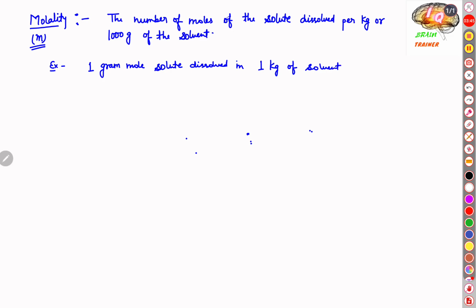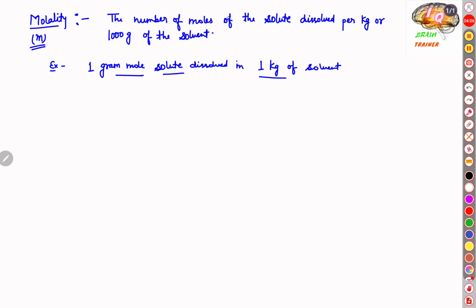The solvent may be water, milk, or anything like C2H5OH, which is alcohol. Okay, 1 gram mole of solute dissolved in 1 kg of solvent. It means 1 gram mole, any substance may be there.